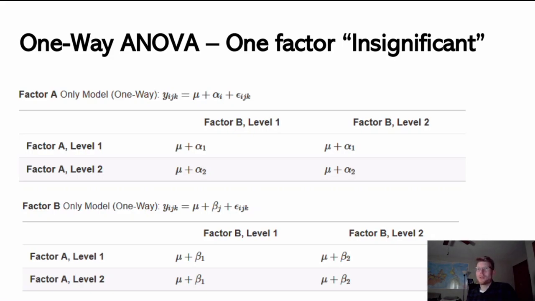So for example, if I just leave out factor B and decide that this isn't adding anything meaningful to my model, then I'm just going to have mu plus alpha 1, mu plus alpha 2 in both places. And vice versa, if I go with B and leave out factor A, then I'm going to have the same kind of mean term in both of those cases.